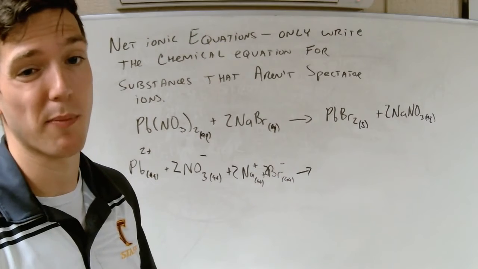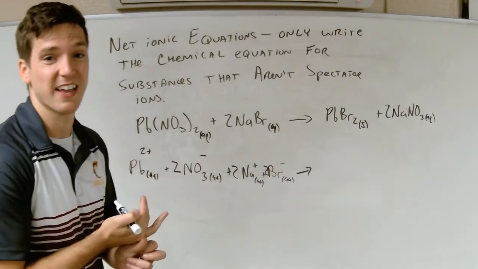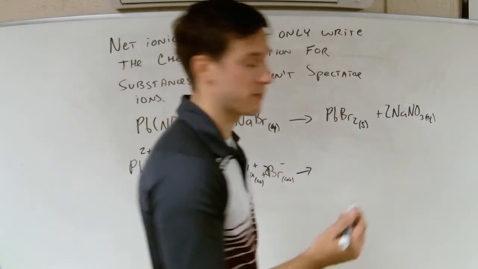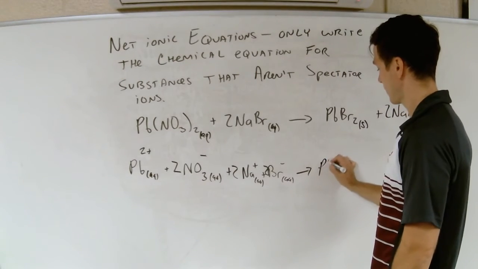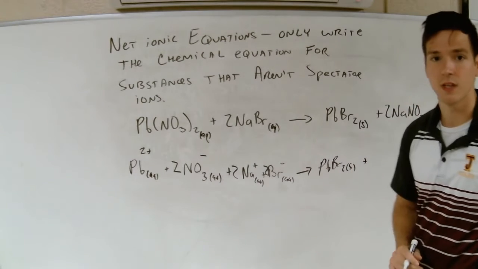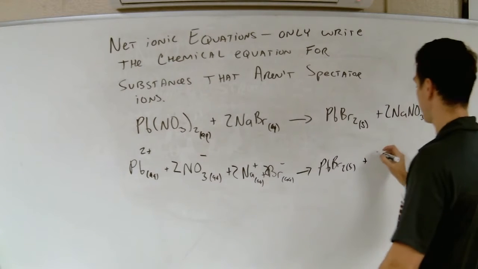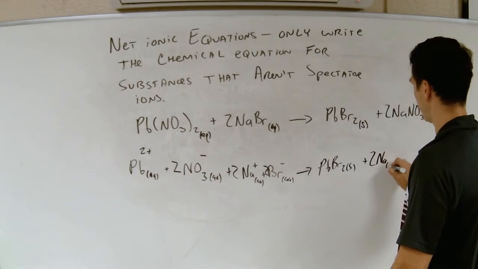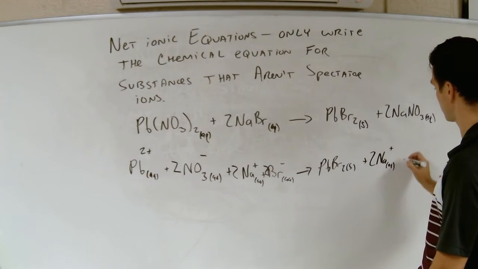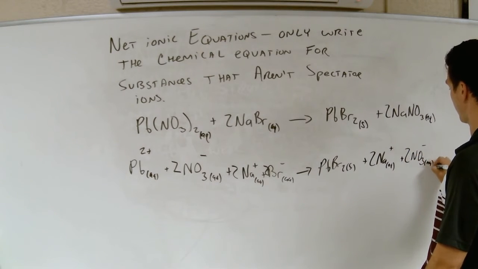It doesn't break apart because it was a solid, right? It's not a strong acid, and it's not a strong base, so it just stays together. And then another strong electrolyte that breaks apart, I'm going to have 2 Na+ aqueous, and 2 NO3- aqueous.